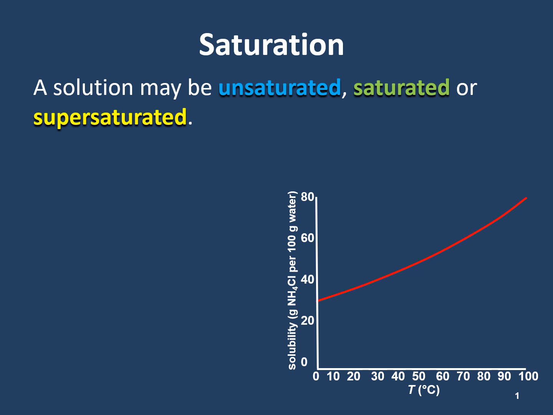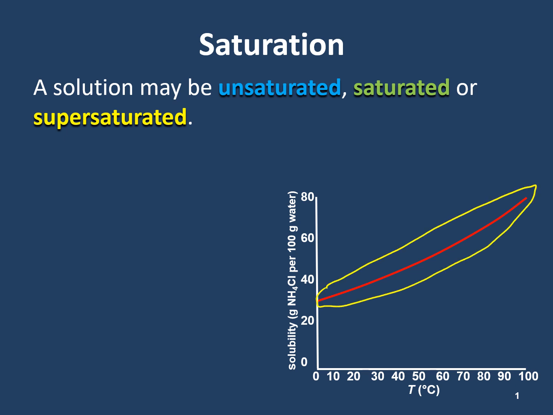Now, the main thing they reference is that this is all based on the maximum solubility of whatever our solute is in a solvent. So here in this graph on the right, this is the solubility of ammonium chloride in water. You can see this red line.